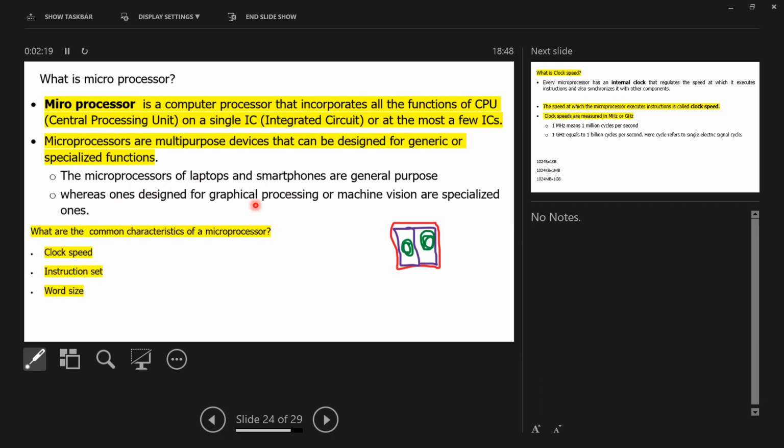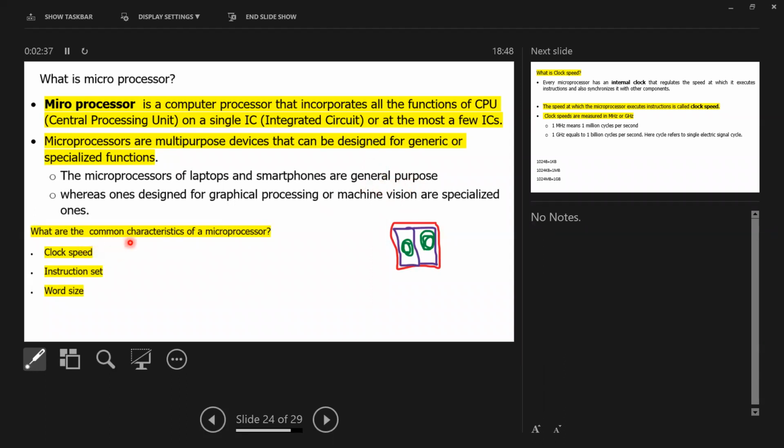That means it is built only for that particular design work. Graphic tablets, we can draw on the tablet. So likewise, there can be special purpose microprocessors, but normally we are using general purpose microprocessors.